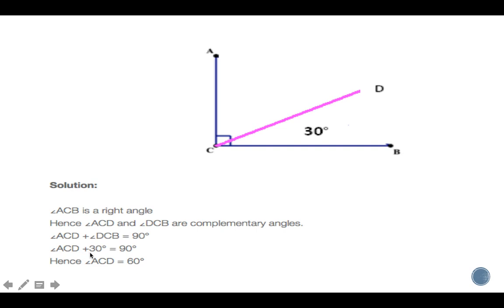So ACD plus 30 equals 90. You know that the whole is 90. That's why ACD equals 60 degrees. When you subtract 30 from 90, you get 60.